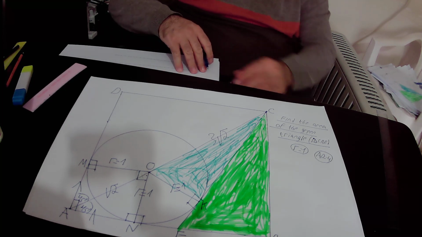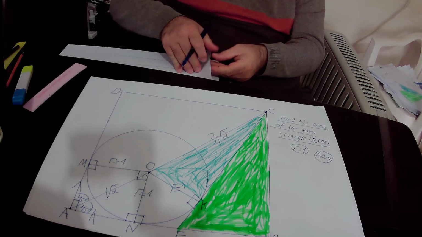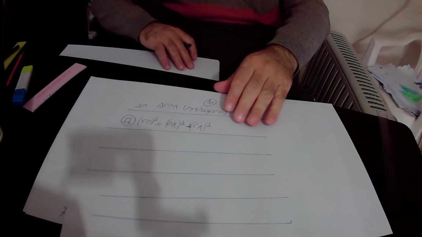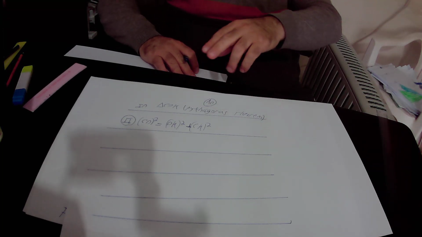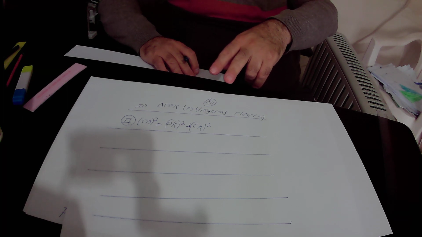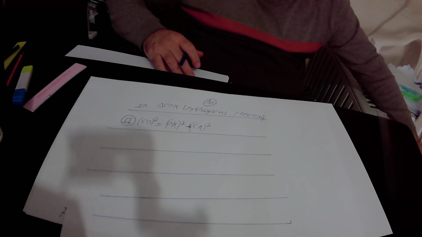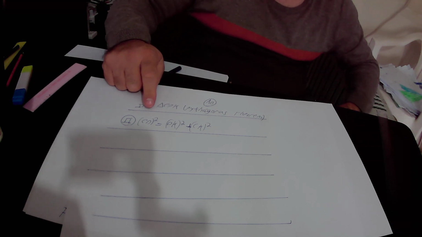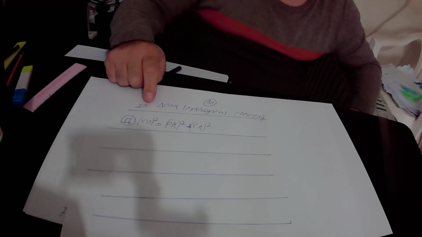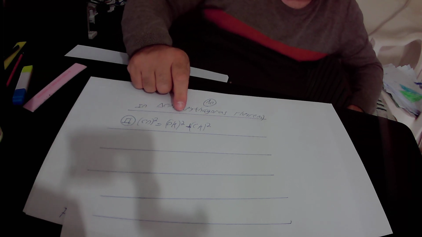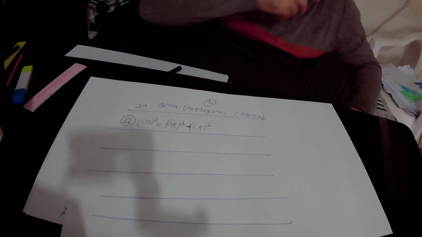So in the right triangle, triangle COK, according to the Pythagoras theorem, the square of the hypotenuse equals the sum of the squares of the perpendiculars. The hypotenuse is CO, therefore the square of the hypotenuse is CO square, and it equals OK square plus CK square.